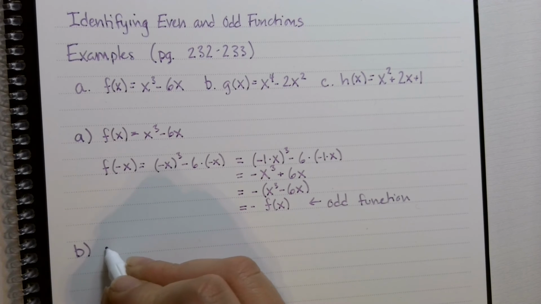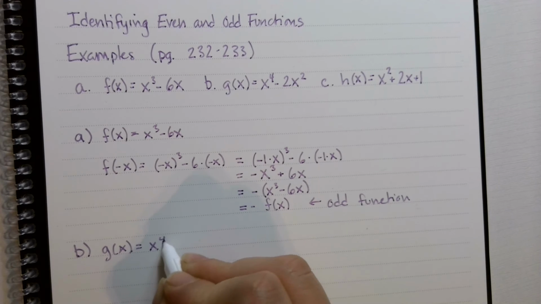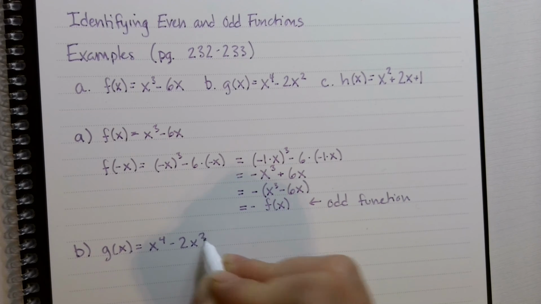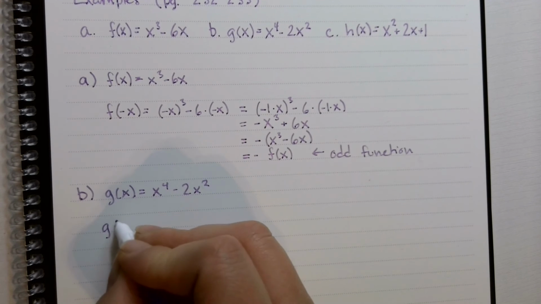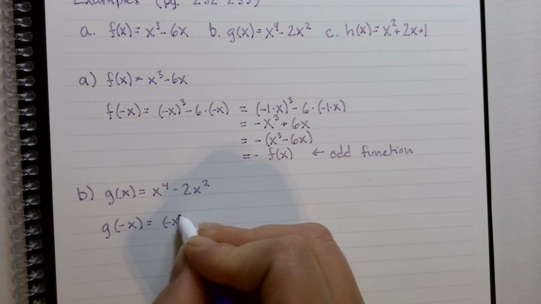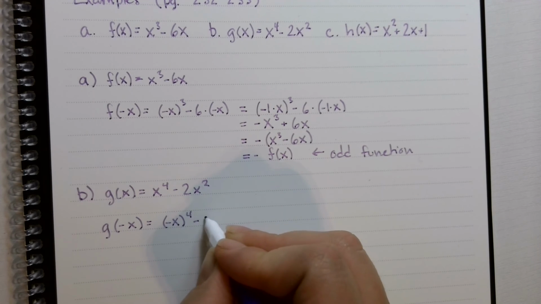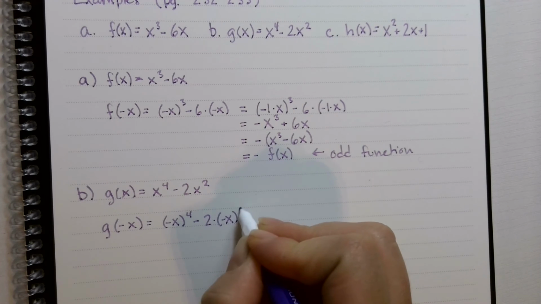B, we have g of x equals x to the 4th minus 2x squared. Let's try plugging negative x into that. So g of negative x equals negative x to the 4th minus 2 times negative x squared.